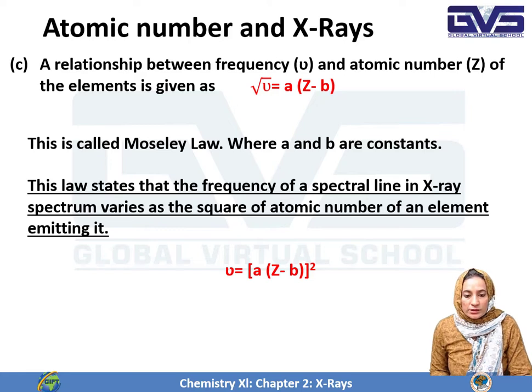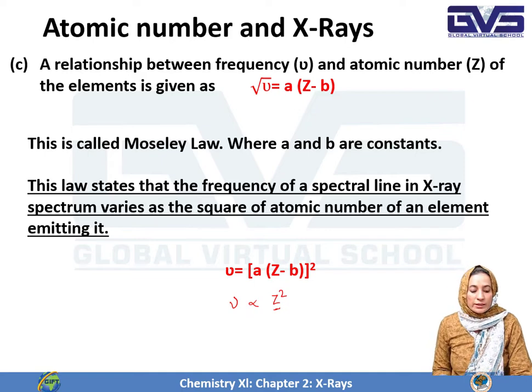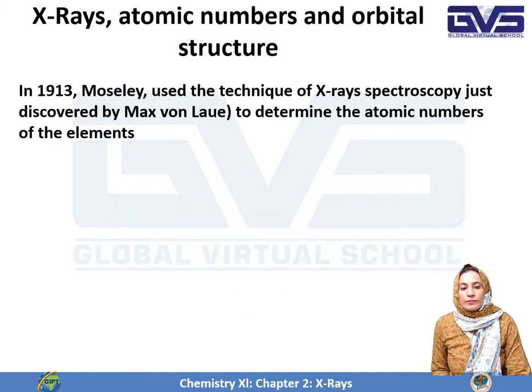Here you can see frequency and atomic number Z with the square, and this is Moseley's law. Frequency changes directly as the square of the atomic number. So the exact relation is frequency is directly proportional to the square of the atomic number, and this is Moseley's law.